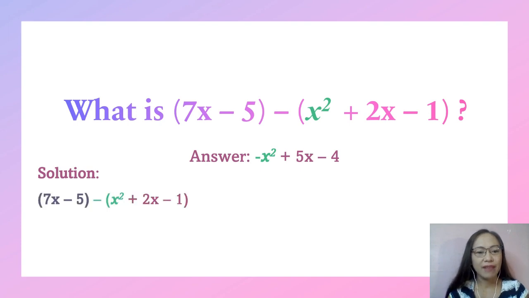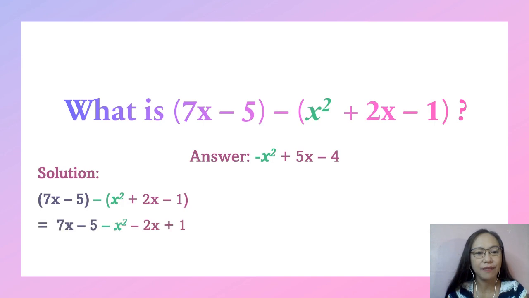We have 7x minus 5 minus the quantity x squared plus 2x minus 1. Because we have subtraction here, we will distribute this to all the terms inside this parenthesis.